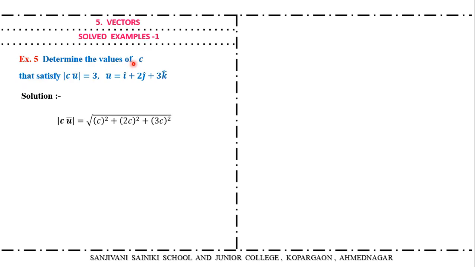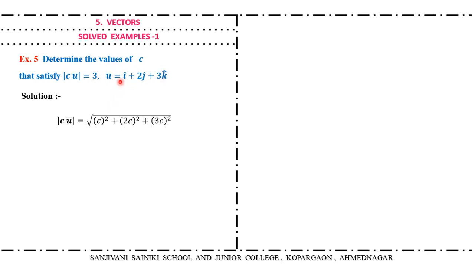Next, determine the value of c that satisfies modulus of c u bar is equal to 3, where u bar is equal to i plus 2j plus 3k. Now it is given that the magnitude of the vector c u bar is 3. So I will multiply this u bar by c, and then I will get c u bar is c i cap plus 2c j cap plus 3c k cap, and then I will find its magnitude.